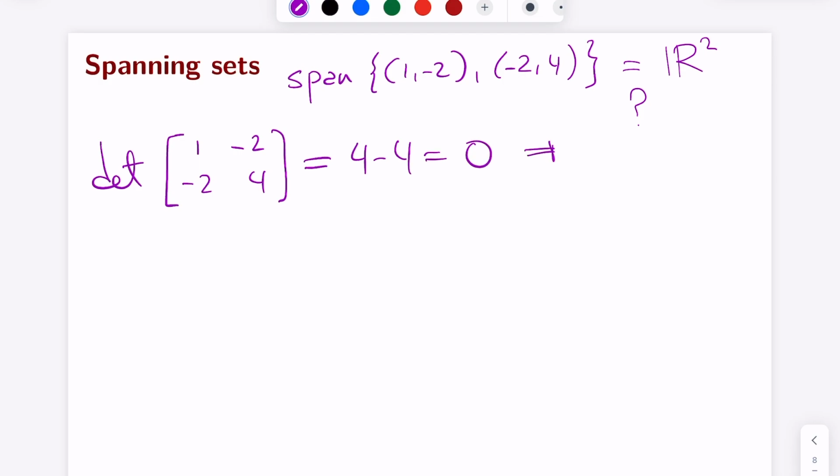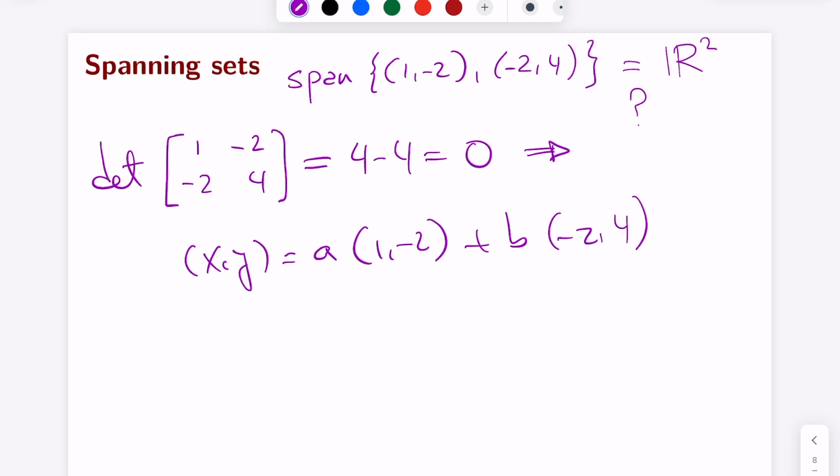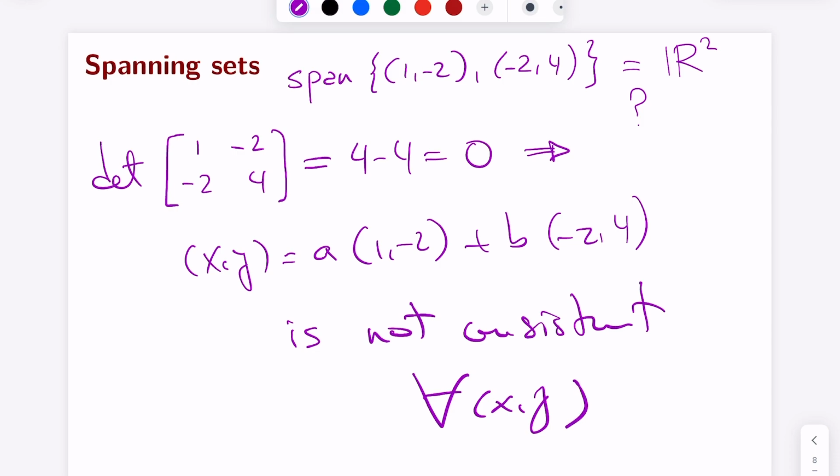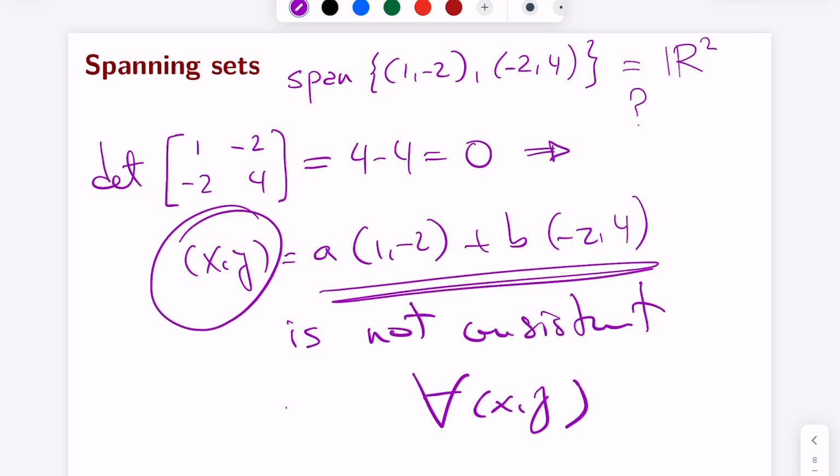Because of that, applying the same result as before, the system is not consistent for all (x,y), meaning there will exist some (x,y) that is not possible to write as a combination of these two. So the answer to this question, does the set span R2, is no, because there are some (x,y) in R2 that cannot be written as a combination of these two.